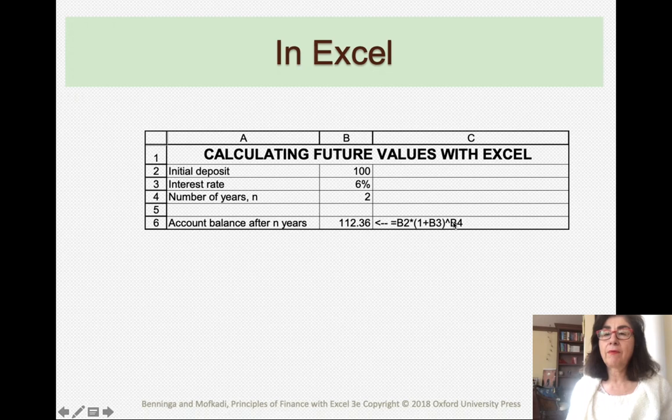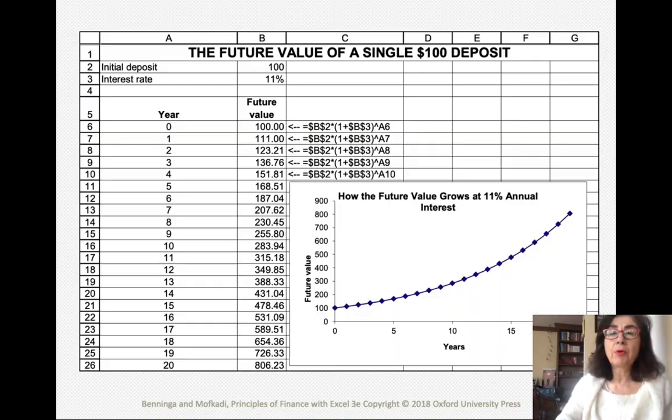B4 is where we have the number of years. This raising to the power sign is on your keyboard, right above the number 6.